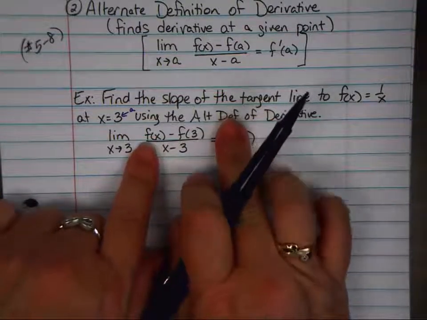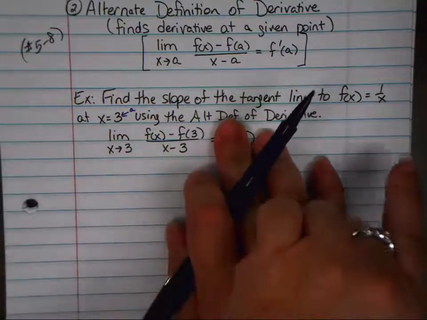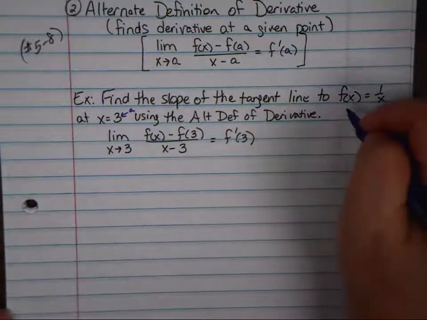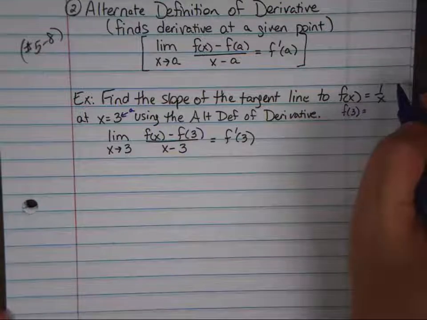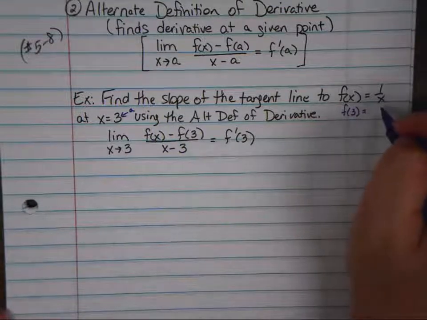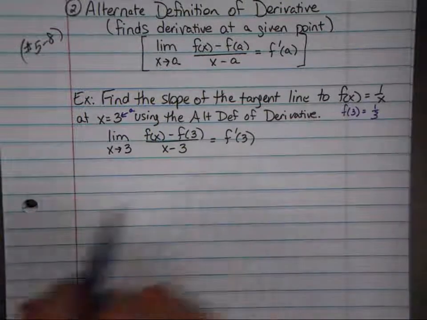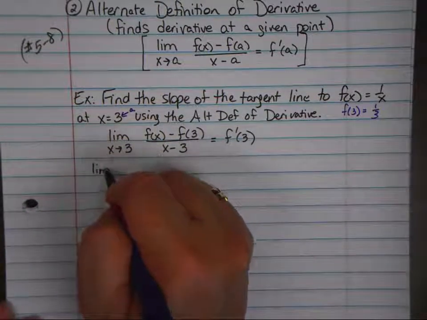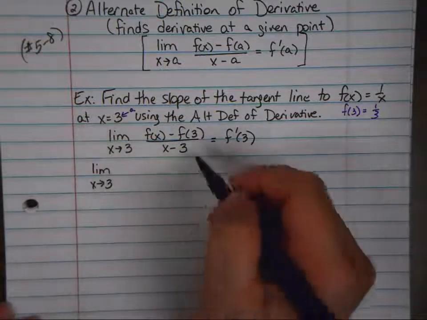Okay, so do we have everything? Do I have f of x? Yes, it's right here. I need to know what f of 3 is, because I have to plug it in. A simple one, right? What is f of 3? 1 over 3. Okay, so now let's redo the problem and plug in what we've been given.